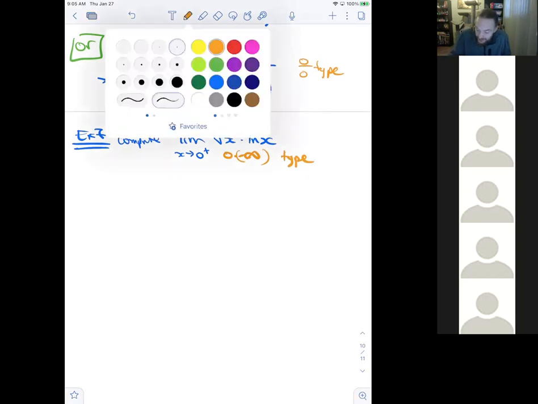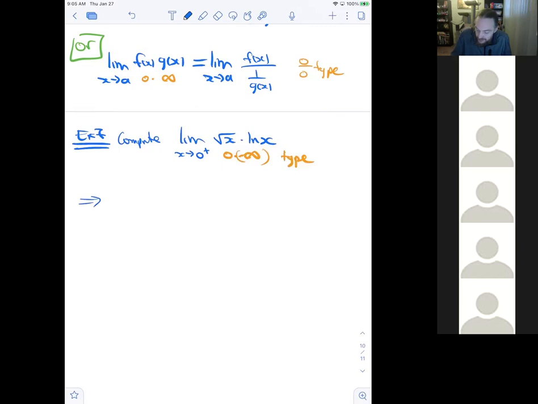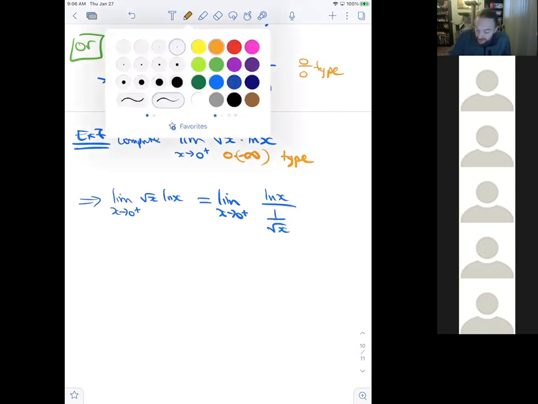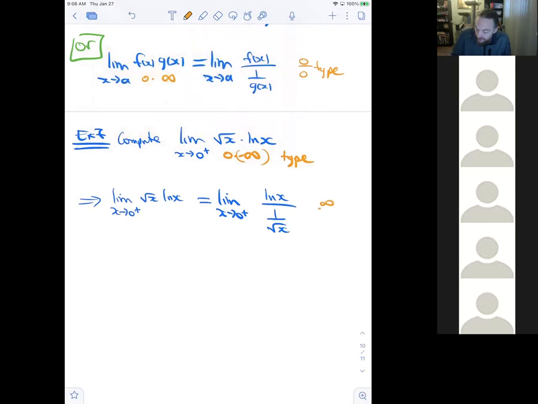I can write this as the limit as x approaches 0 plus of log x over 1 over root x, to give me, what did I get? Infinity over infinity type.